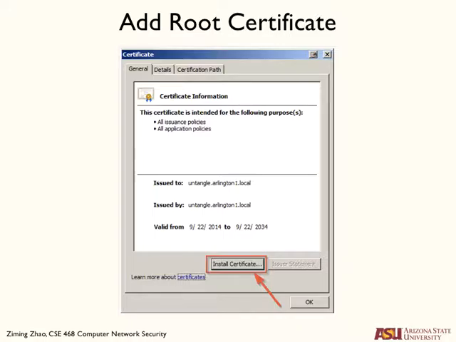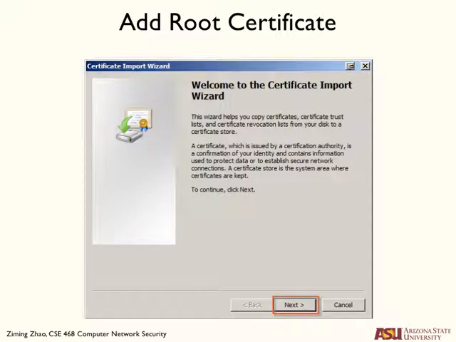This is a screenshot on Windows. In the control panel, there is a certificate section, and you can import a new certificate. The certificates you import there will be treated as root certificates, the certificates of the root of trust.